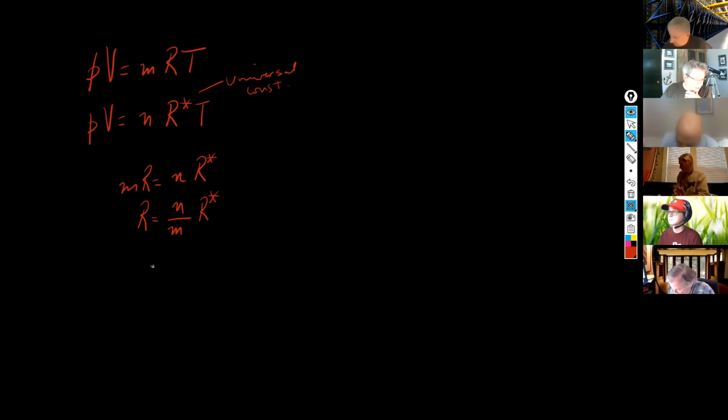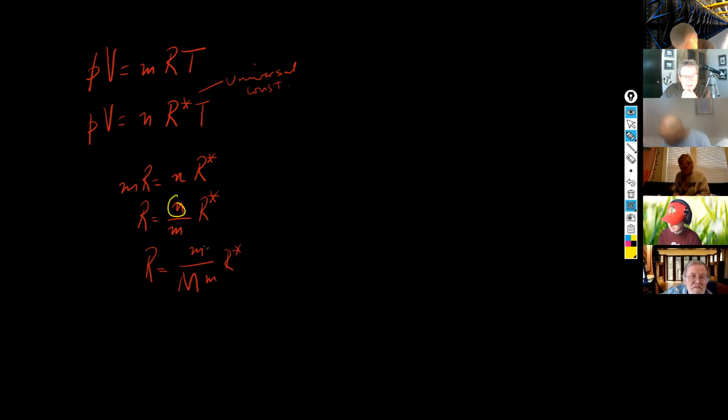It says that n is equal to little m over big M, and then I have the little m over here, R*. So I'm substituting n for this. The mass divided by the molecular weight of each molecule tells me the number of molecules. Given that, I get to cancel that out, and then I know that R is equal to R* over M.